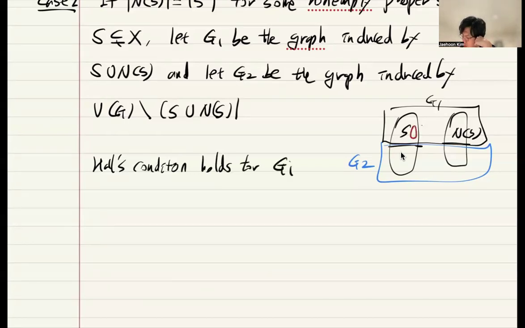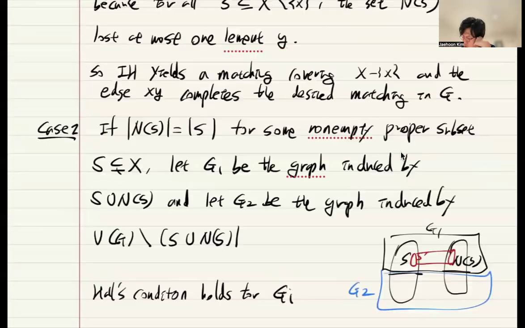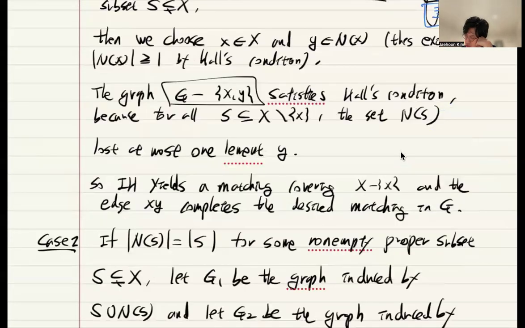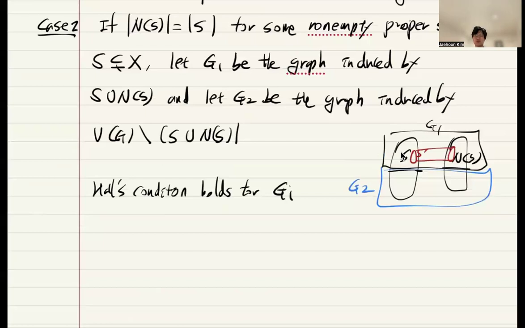Whatever S prime you take here, which is a subset of S, its neighborhood set has to be at least as big as S prime because of the condition for the original graph. It's just the induced subgraph of it, and this does not send any edges to the outside. Its neighborhood in the original graph is totally contained in here, so nothing is lost in this induced subgraph.